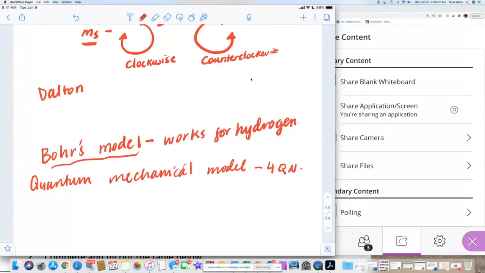Before we had Bohr's model, starting from the beginning, we started with Dalton's model, and his model was very simple. Dalton talked about the atom being round and there being no subatomic particle. After Dalton, we had J.J. Thomson. So I'm just kind of going back in time. J.J. Thomson was the scientist who discovered that there were subatomic particles. There were electrons inside the atom. So he had the plum pudding model, right?